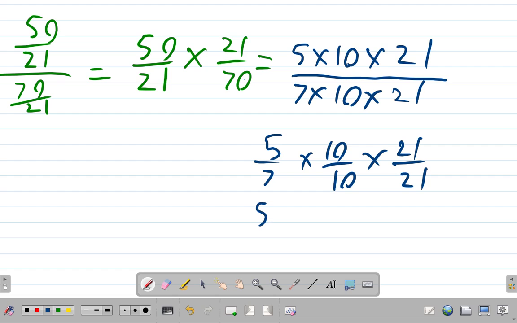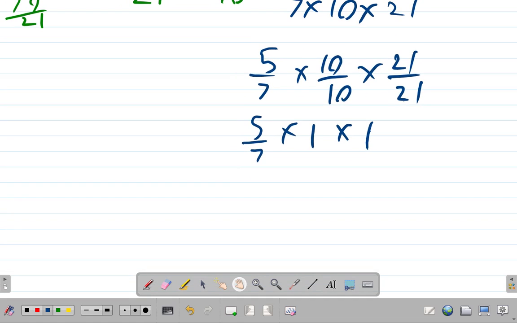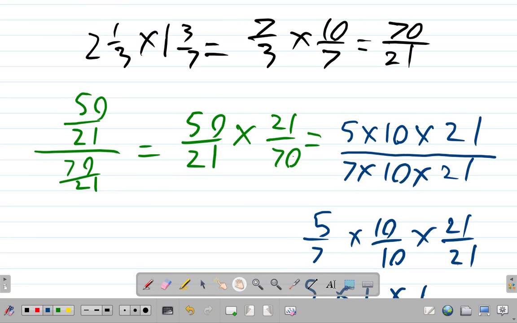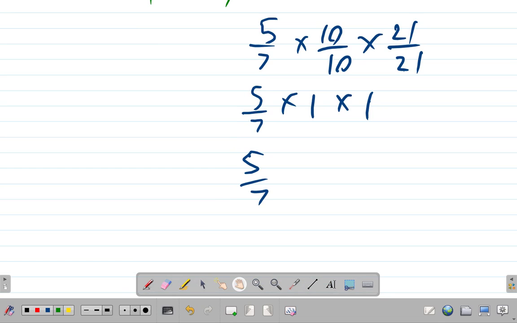Now this would be the same as 5 over 7 times 1 times 1, which is just 5 divided by 7. You see that? I could have just said that 21 into 21 goes 1 time, 10 into 70 goes 7, 10 into 50 goes 5. So I would get 5 divided by 7. But I just explained the reasoning to get the 5/7.